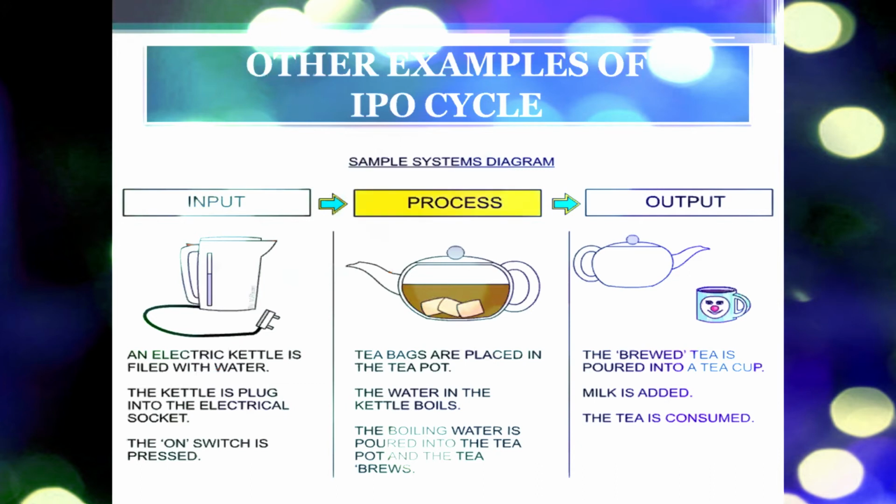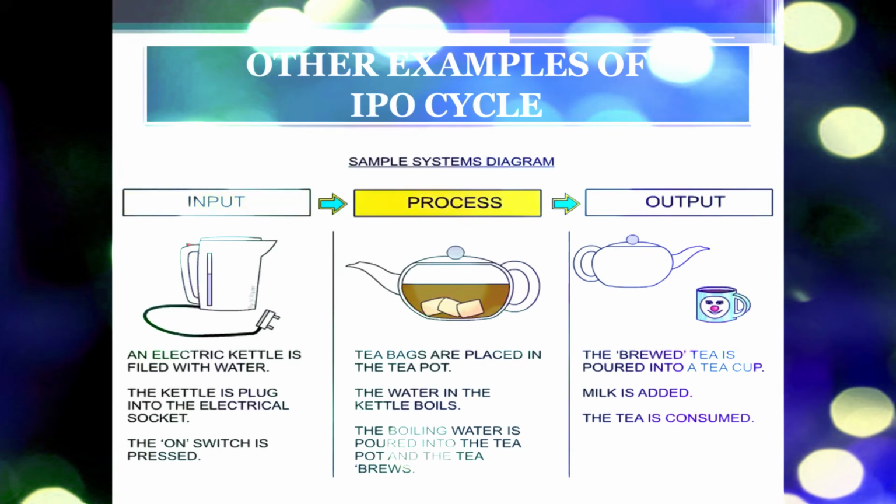First is the process of making a cup of tea. For making a cup of tea, what can be my input? It can be an electric kettle filled with water. It is plugged into the electrical socket. Once we turn it on, processing starts. The tea bags are placed inside the teapot.